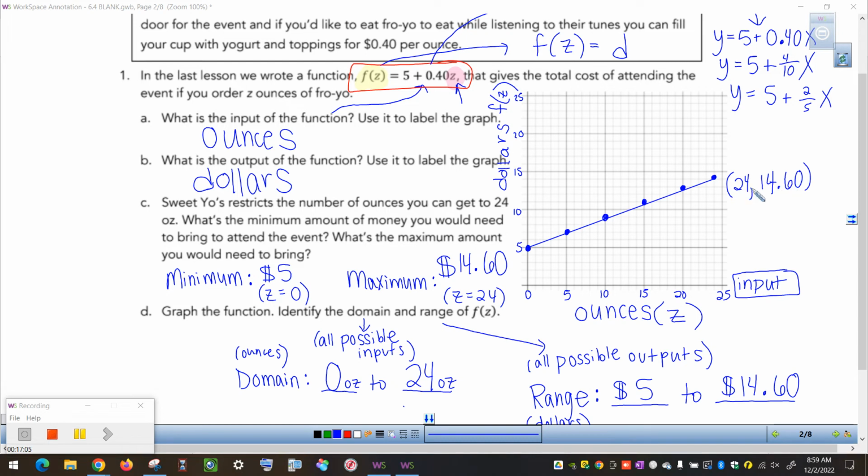And I know that we labeled one of these points with an ordered pair. We did that at the very end. I'm going to actually go back and label all of my points with ordered pairs, because what these are really just representing different pairs of, if you buy this many ounces, it's going to cost this many dollars.